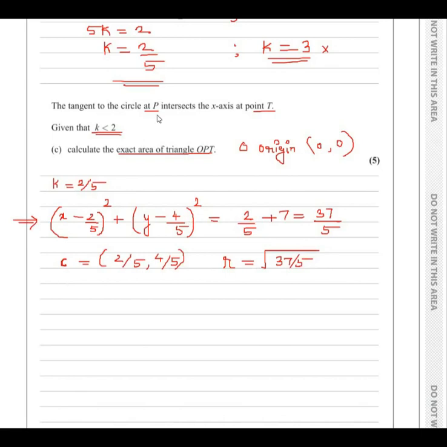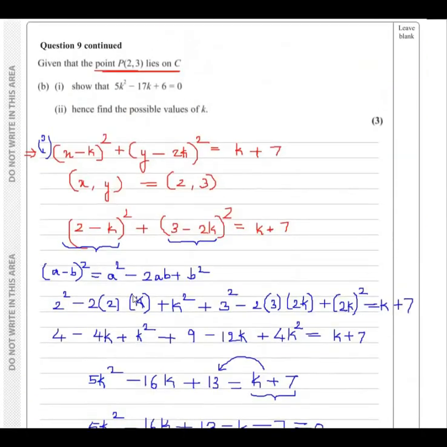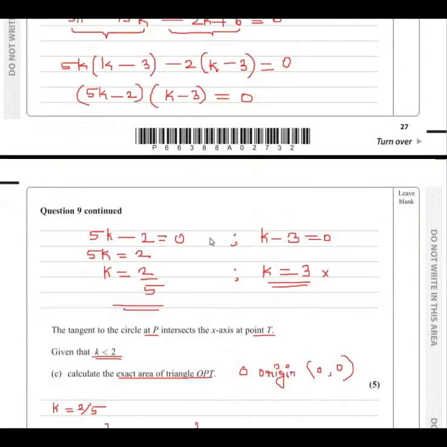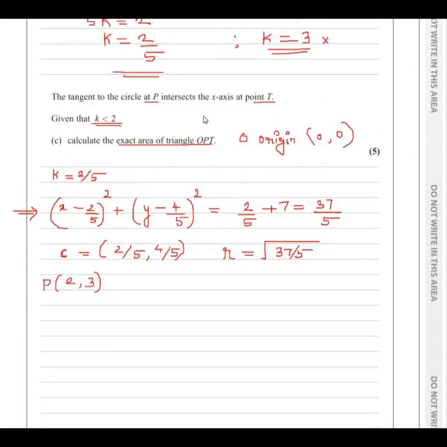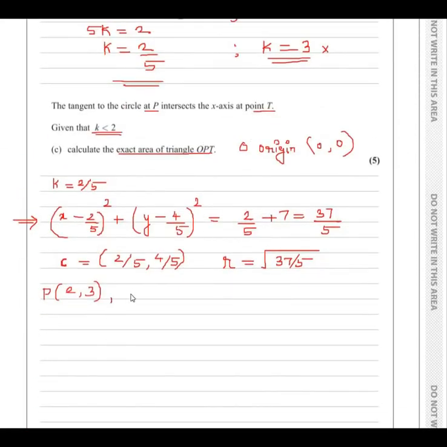Now let us write down all the required points along with the coordinates. First was P, which was given as 2, 3 in the question. And then we have point T, which meets the x-axis, so its coordinates have to be x, 0, because it is meeting the x-axis, its y-coordinate is 0.